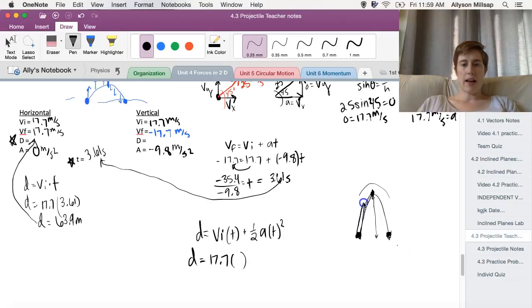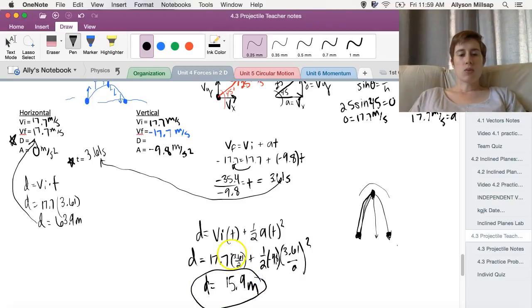It's half the time because we want to look at the peak. So I'm going to put the time, which was 3.61, and I want to do half of that. Oh, I just put A here. I need to change that A to my actual acceleration. What's the acceleration vertically? It's negative 9.8. When I do that long, complicated math, I'll get 15.9 meters.